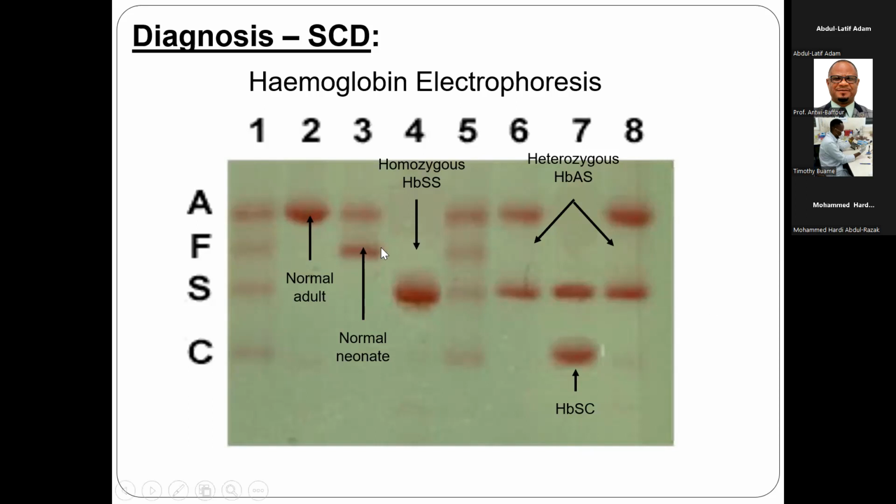If they were all here, if there wasn't this other band, then that would be FF, because they are supposed to be 2. But in this case, there is 1 here and there's 1 there. There are 2 bands, so you have to name this and that, and that is A and F. And we expect that eventually this one will disappear and it will all be A. That's why it is a normal neonate.